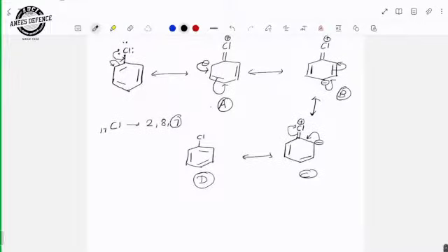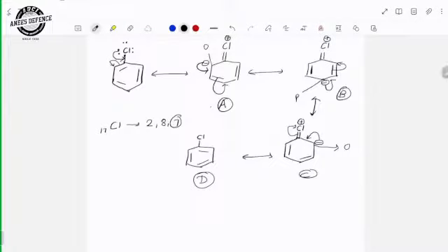In A, it is present at the ortho position. In B, it is present at the para position. And in C, it is again present at the ortho position. So the negative charge is present only at the ortho and para positions, so the substitution will also take place only at the ortho and para positions.